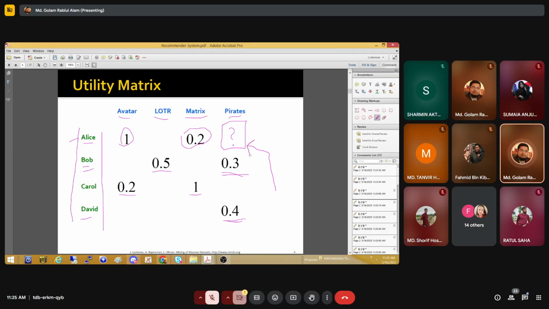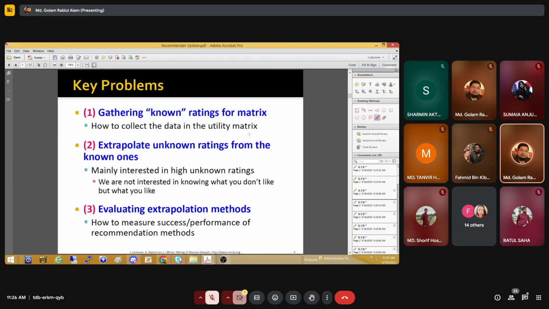If it is something like 0.6, then we can recommend that movie to Alice. So how can we predict this value? That is the issue in recommendation systems. We can do it in several ways, and we will discuss that.